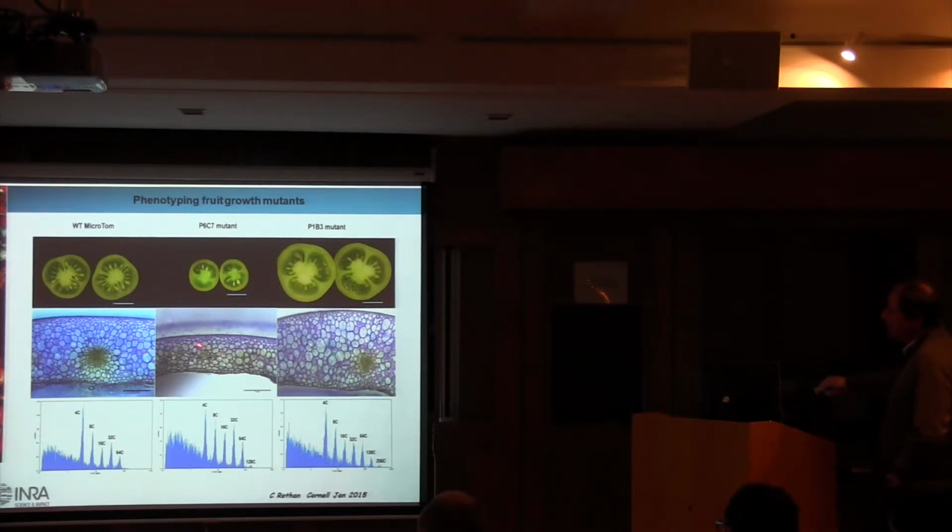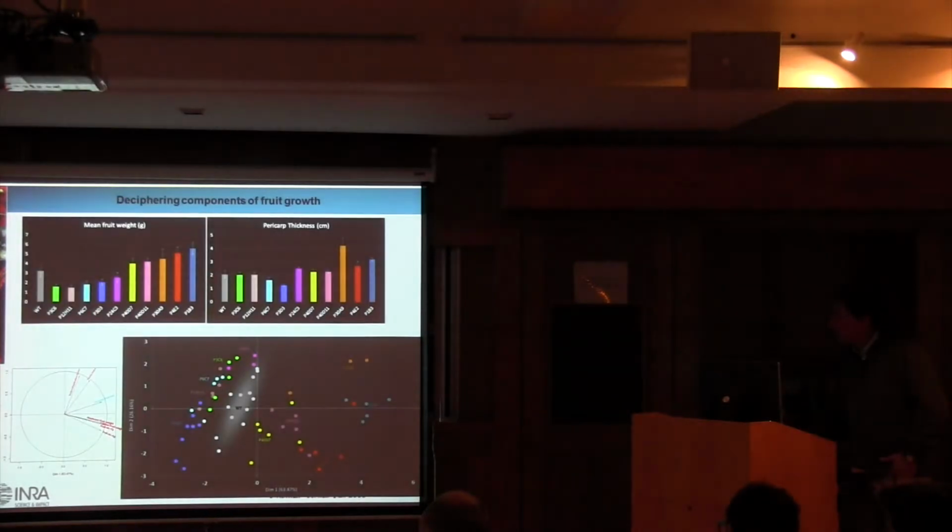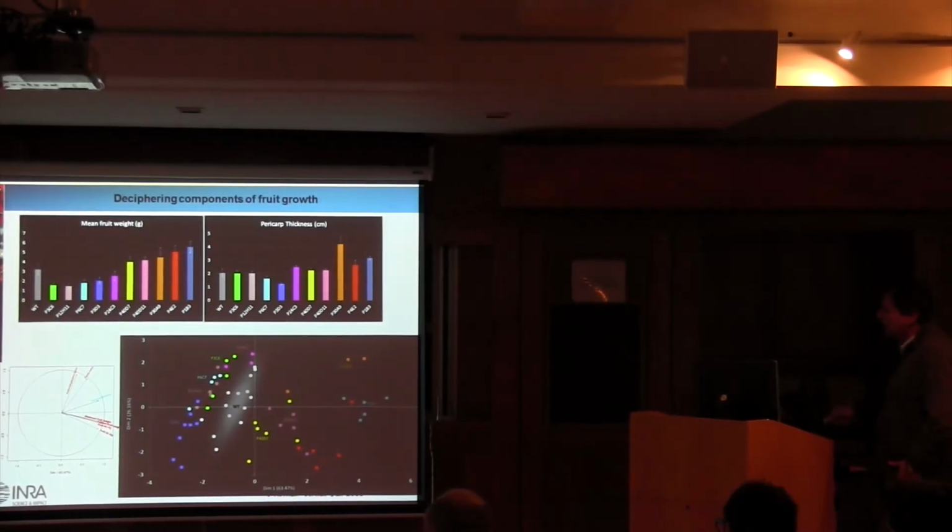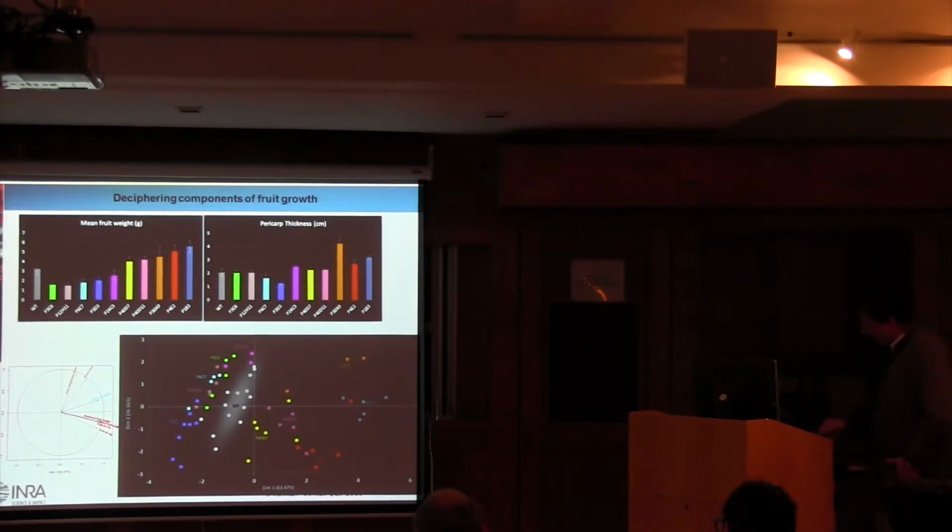In this case, what you have is a thin pericarp with smaller cells, but here it is uncoupled from endoreduplication, because you still have a large nucleus but small cells. So to understand how the growth process proceeds in tomato, these mutants can be quite interesting. We have worked on these different mutants and characterized them. This is a principal component analysis.